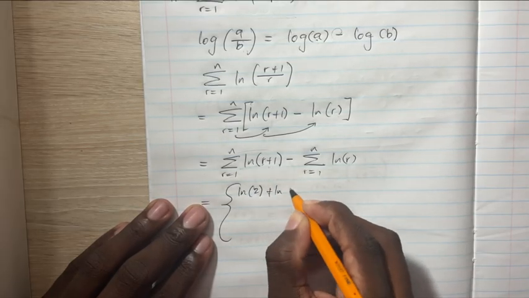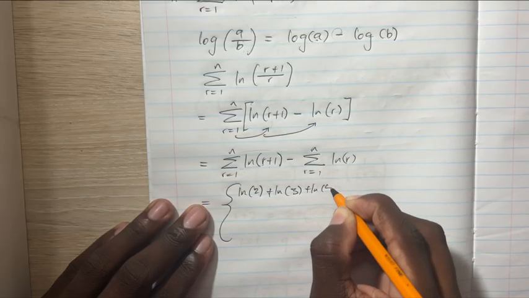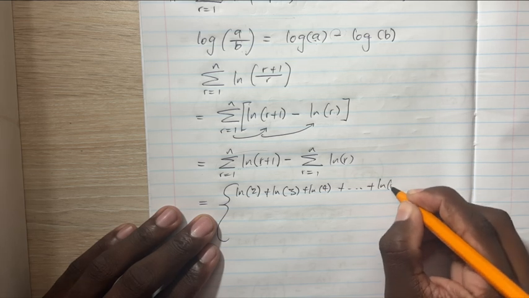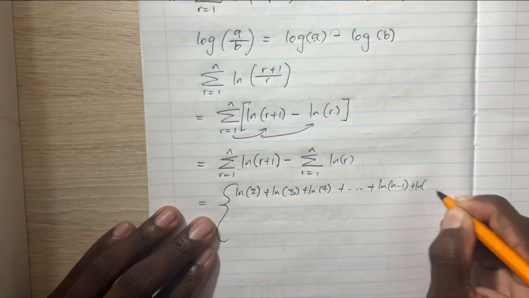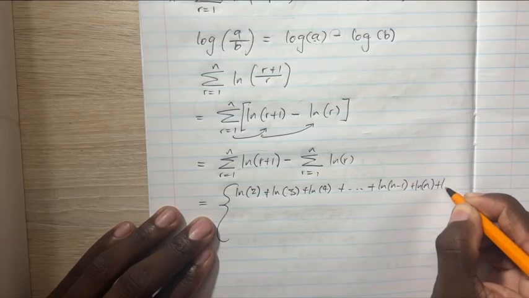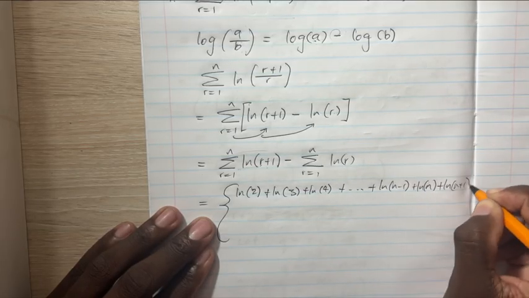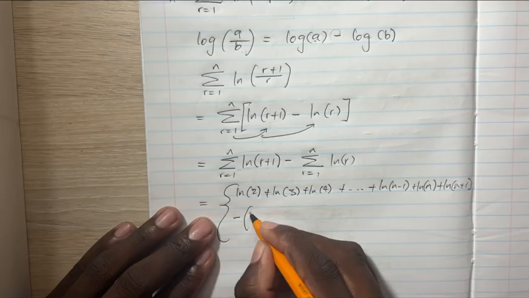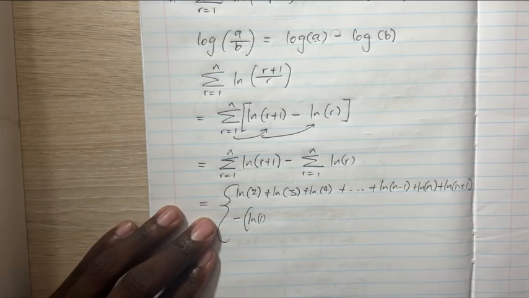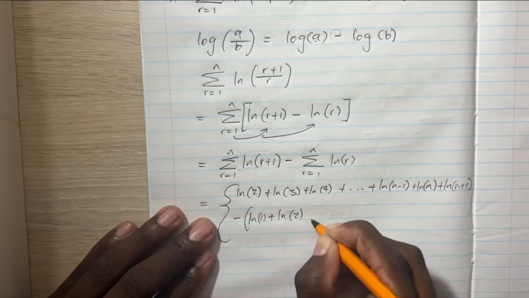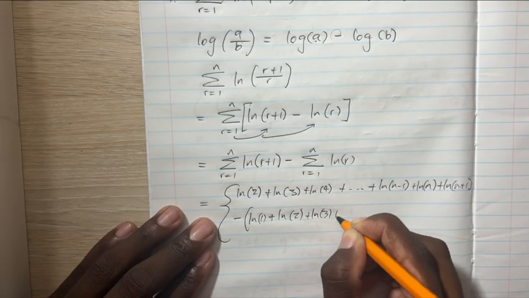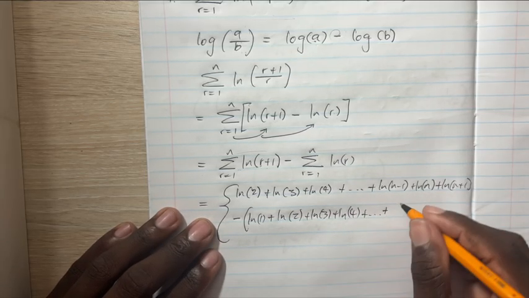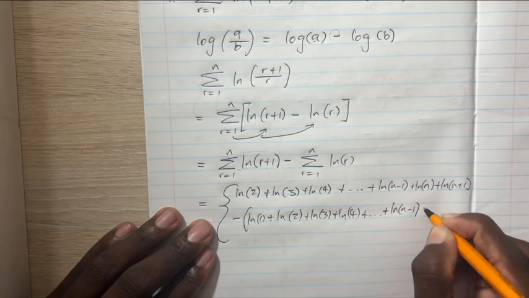Put 2, you get ln 3, ln 4, plus dot dot dot, plus ln (n minus 1), ln n, ln (n plus 1), minus the second series, ln 1 plus ln 2 plus ln 3 plus ln 4, plus dot dot dot plus ln (n minus 1) plus ln n.